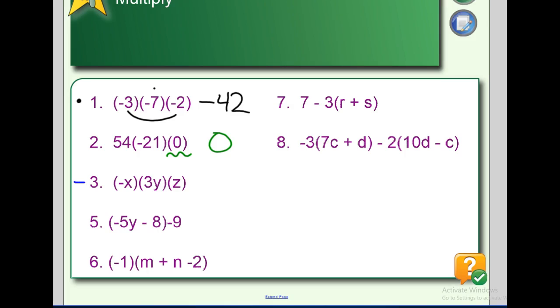We're in algebra. Okay, so we got to throw some letters in there. It's a number thing, and it's a letter thing. So if I look at number 3, first thing I'm going to check out is my signs. Is that going to be a positive number or a negative number? Yeah, there's only one negative sign. That's an odd number, so it's going to be negative. Now, if you notice, the only number there is 3.